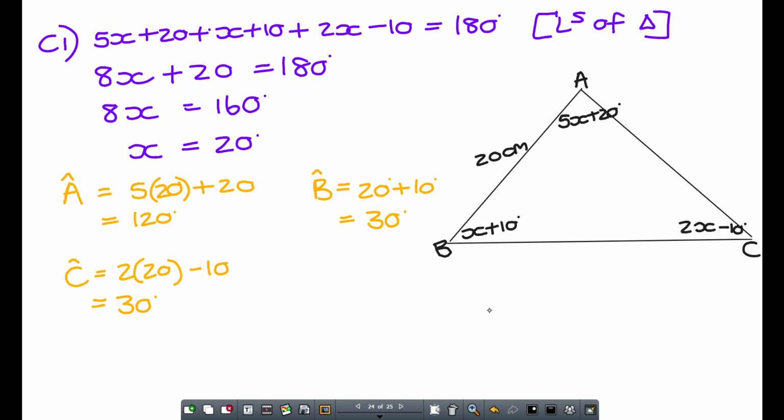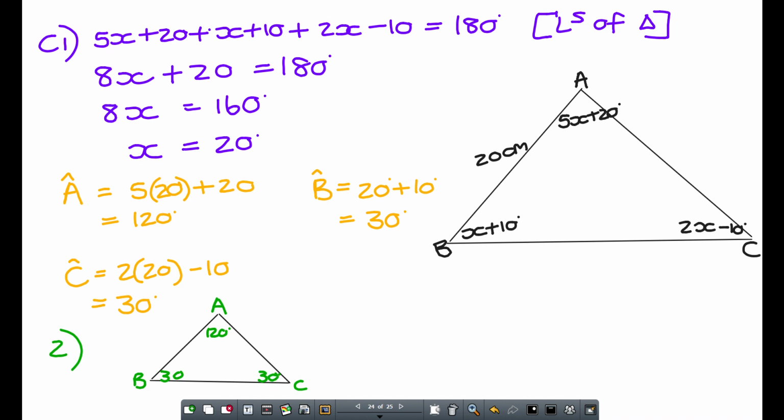Okay, now at C2, they're asking me the length of AC. What we've done so far, I just want to quickly redraw that triangle here for you. We have got angle A, which is 120 degrees, angle B, which is 30, and angle C, which is also 30.